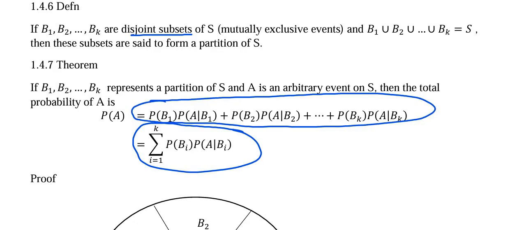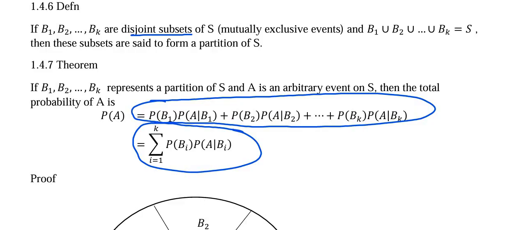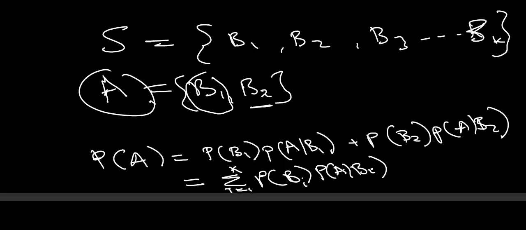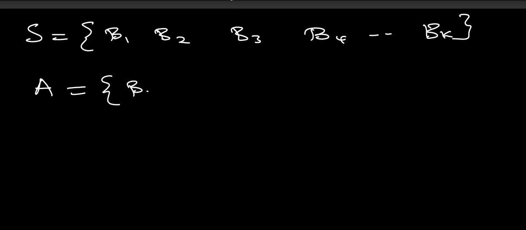So you should be able to understand this from what I'm going to write here. Let's say S is equal to B1, B2, B3, then B4, up to BK. Then you have a subset of S. Let's say we make A to contain only B2, B3, and B4. Is it a must that B1 should be there?